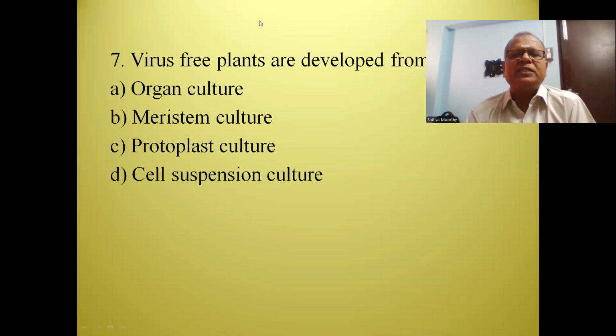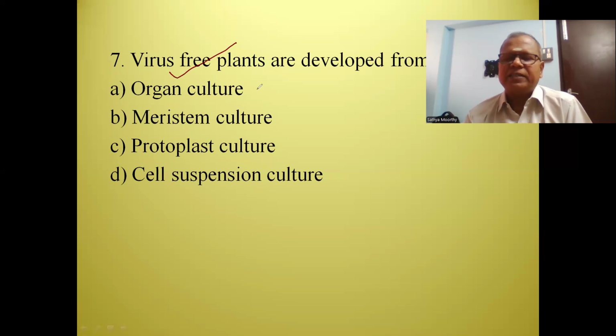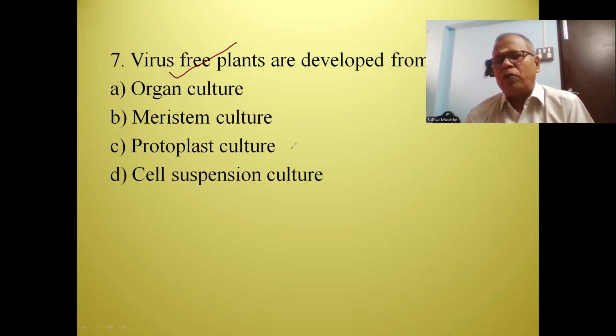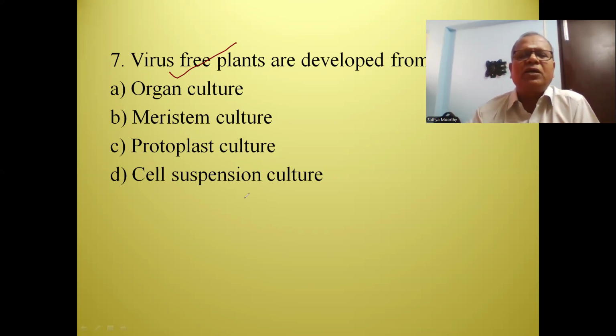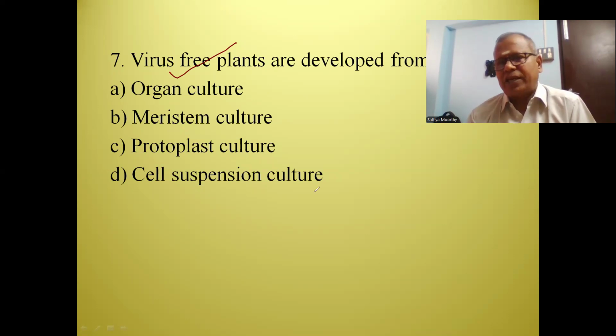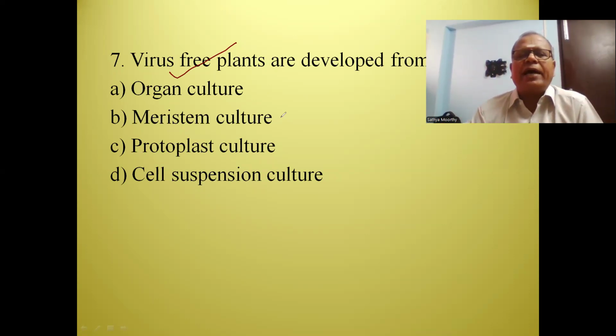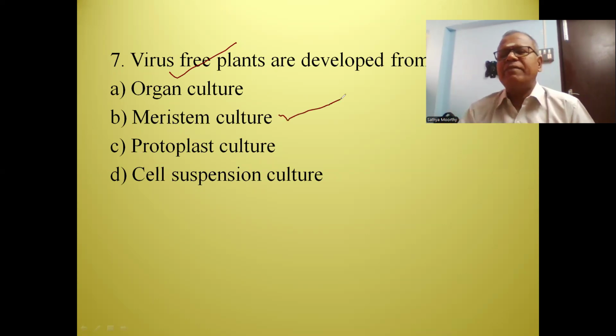Next question. Virus-free plants are developed from? Virus-free means they are free from viruses. Organ culture helps to produce a new plant. Protoplast culture is used to produce somatic hybrids. Cell suspension culture, we are culturing the cells in a liquid medium. The correct answer is meristem culture, because meristem, meristos, means divisible.